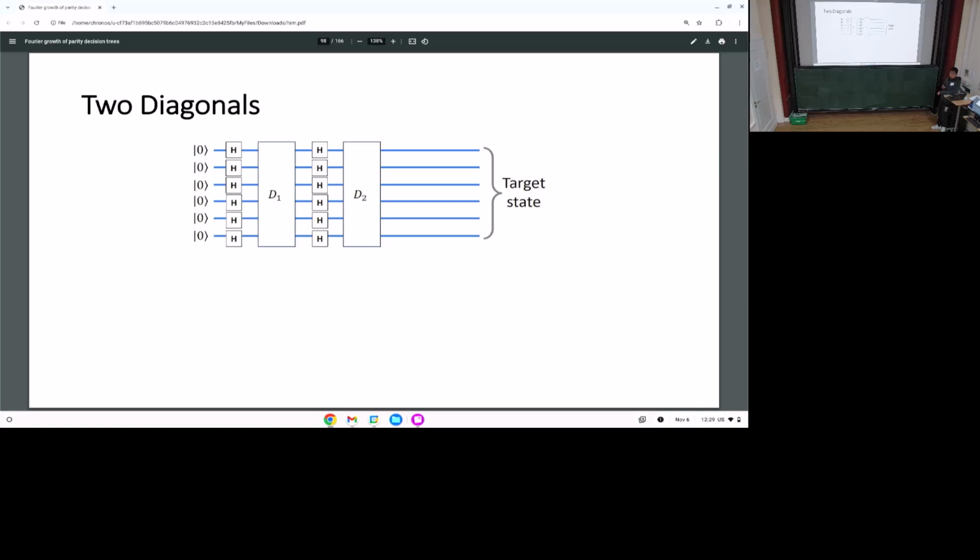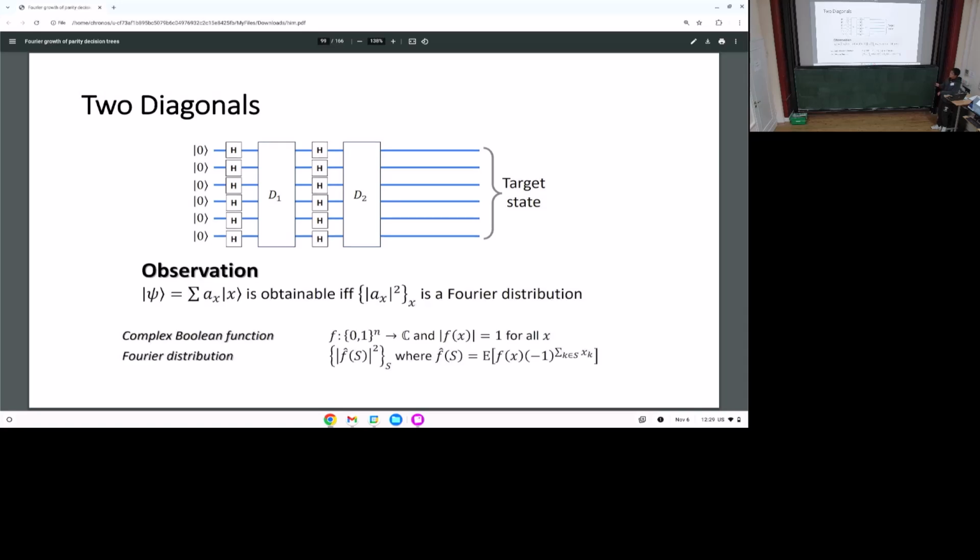So now what about 2? We have another layer. And it turns out the states can be obtained in this structure if and only if it's a Fourier distribution state. So you take the amplitudes and square them, that's going to be a distribution. And if this distribution corresponds to the Fourier distribution of a complex Boolean function, then you can implement it. So what is a complex Boolean function?